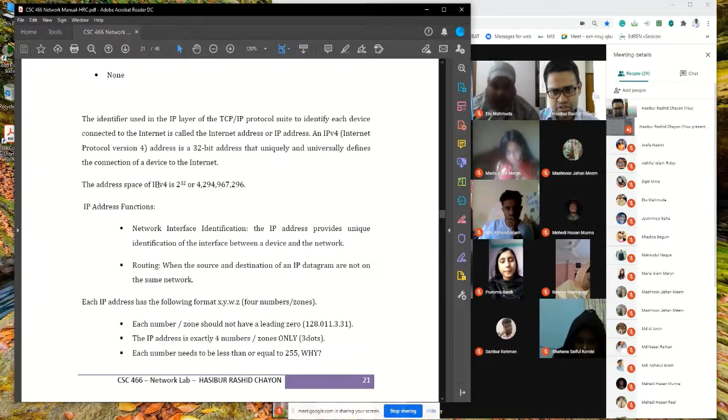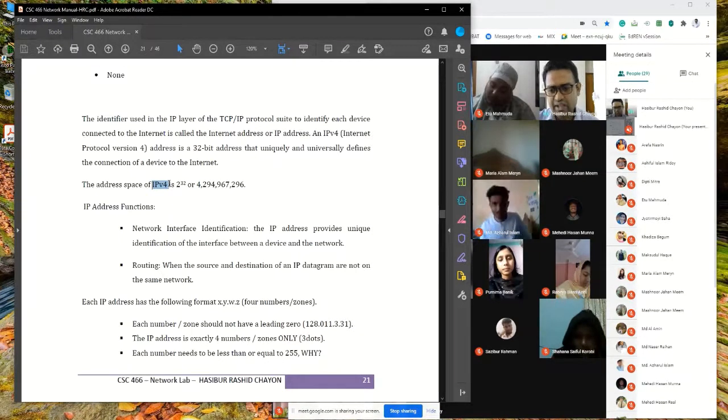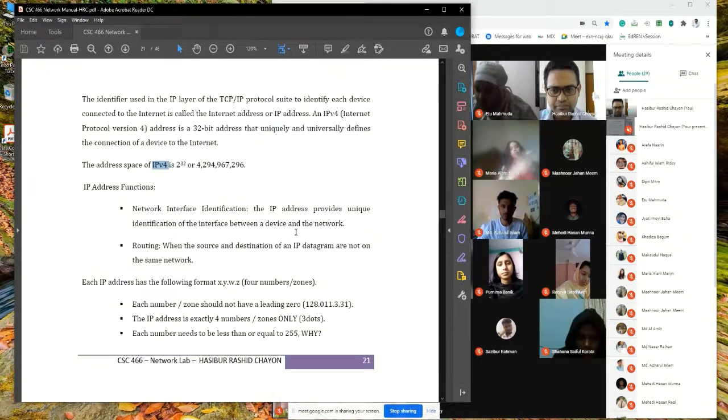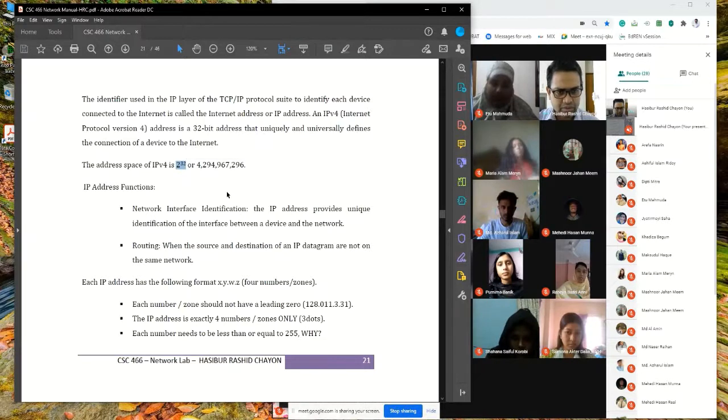Another thing is the version. We know that this is IP version 4, and IP version 4 is 32 bits long. If you have 32 bits, how many combinations are possible? 2 to the power 32 different combinations are possible.